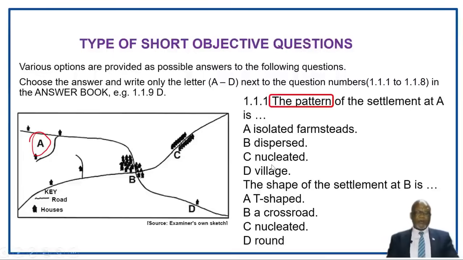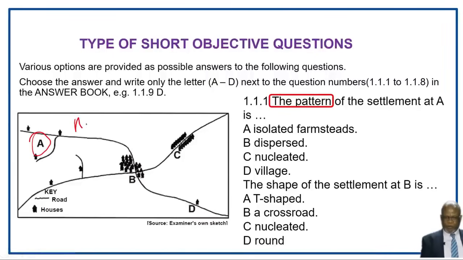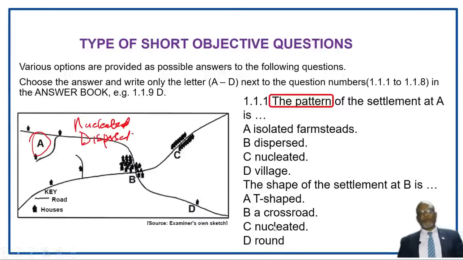Remember, now when you're speaking of the pattern, we have two types of pattern. You have either nucleated or you have dispersed pattern. So those are the two patterns that you have. Now, the first thing that you need to do, you need to answer your questions firstly by elimination. Isolated farmstead is not a pattern, and village is not a pattern.